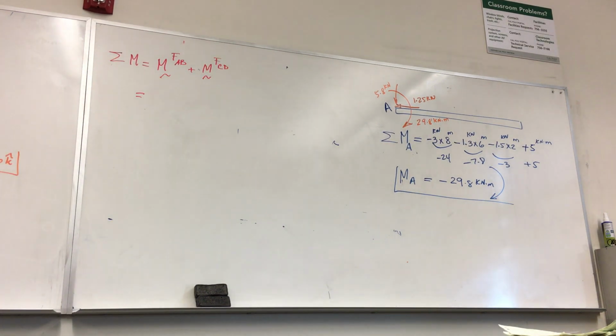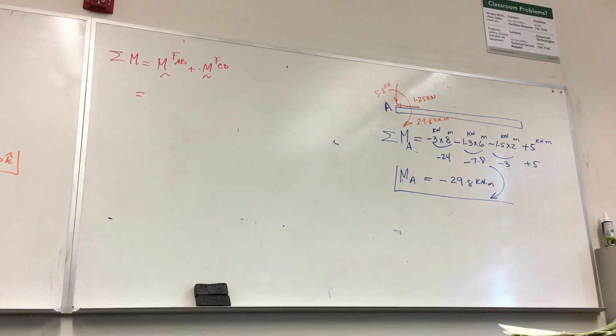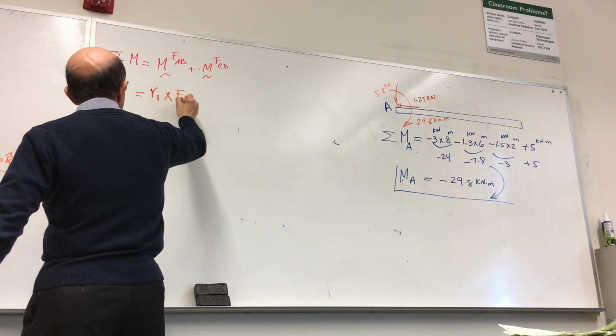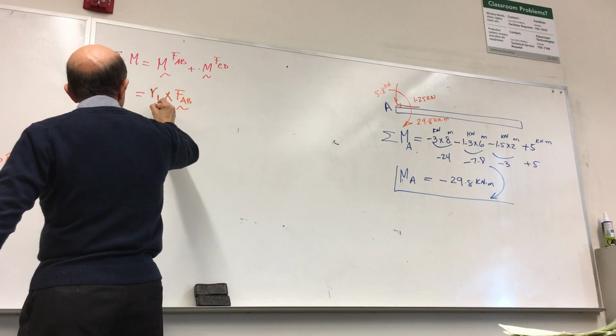Which means for the first moment, we need to define a position vector connecting that point anywhere along this force. I choose this as the position vector, R1. For this other force, I consider this as the position vector. So this would be simply R1 cross F of AB, right?